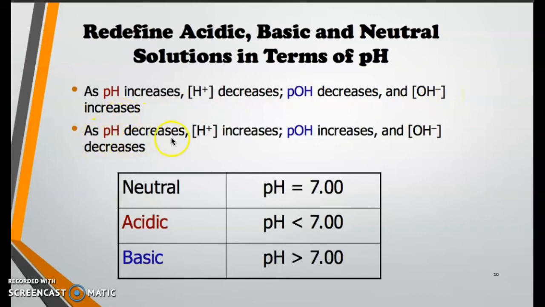As pH decreases, the concentration of hydrogen ion increases, pOH increases, and the concentration of hydroxide ion decreases. Neutral has pH equal to 7, acidic has pH less than 7, and basic has pH more than 7.